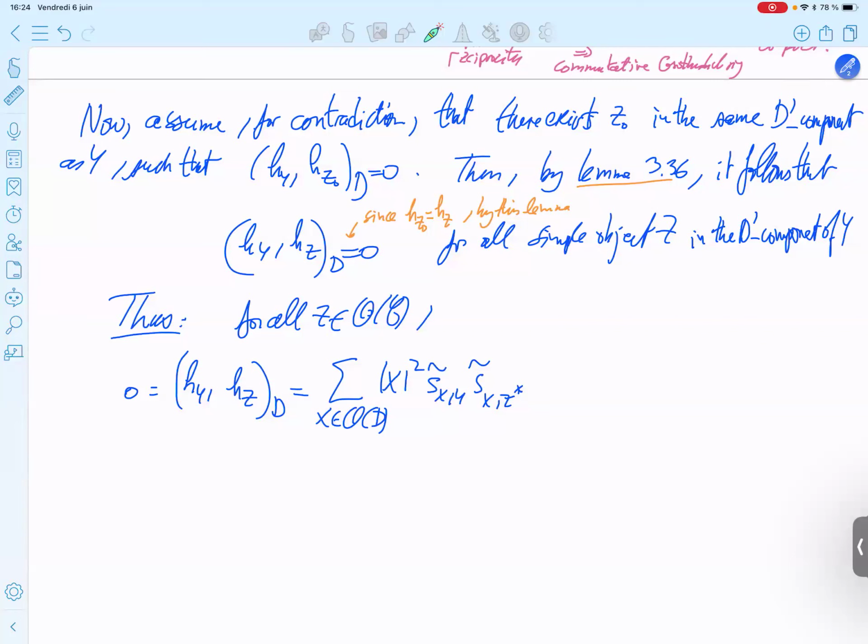Now we will multiply both sides by the square norm of z.